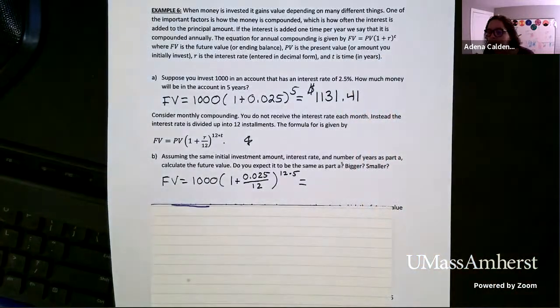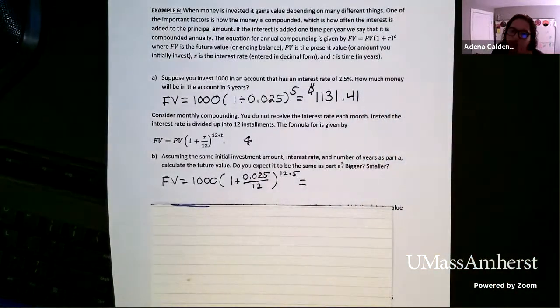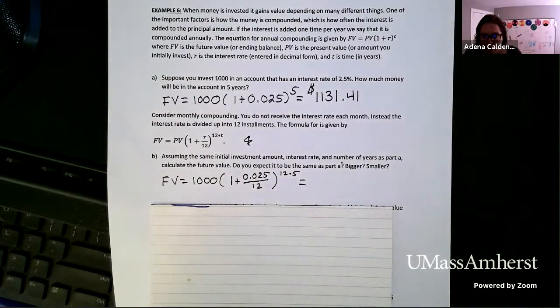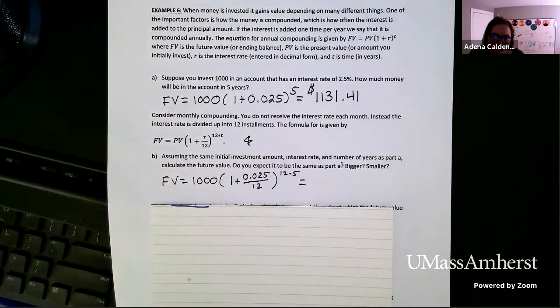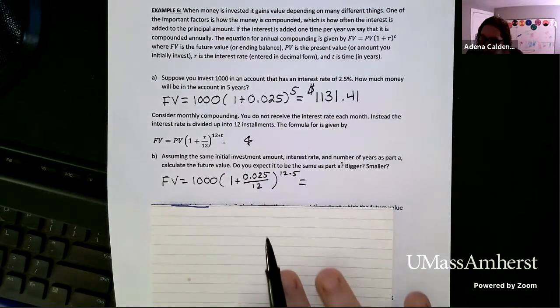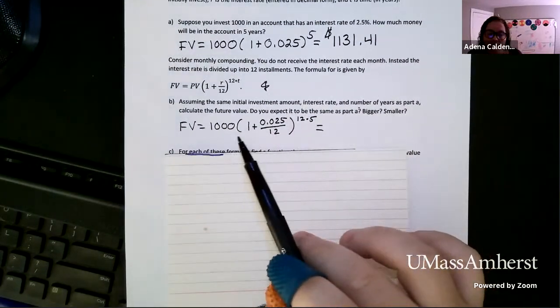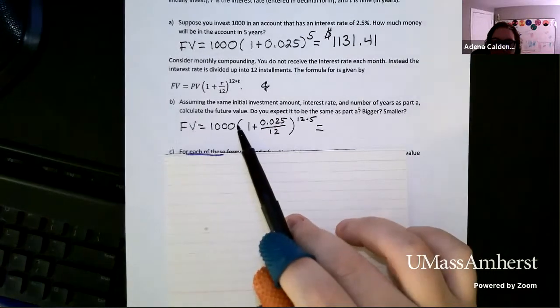Since we're talking about money, we use 2 decimal places, okay? So my $1,000 investment, right, over 5 years has grown to $1,131.41.